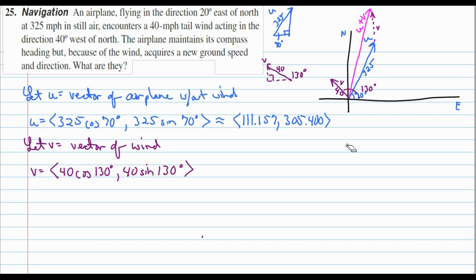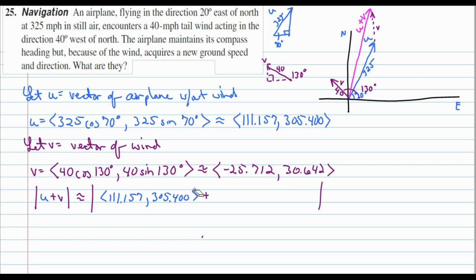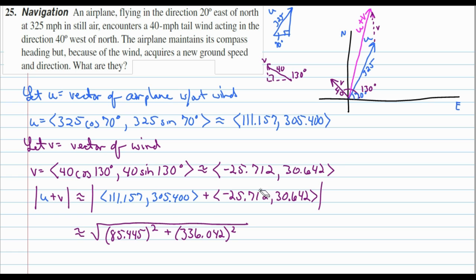Now that we have both u and v, we can find the magnitude of u plus v. Now u plus v is going to be the u vector plus the v vector. Lots of messy decimals. This is always going to be an approximation then. You should be using the exact values in your calculator, of course. Then we're going to take the square root of the x value squared plus the y value squared, or a value squared plus the b value squared, and we get 346.735 miles an hour.